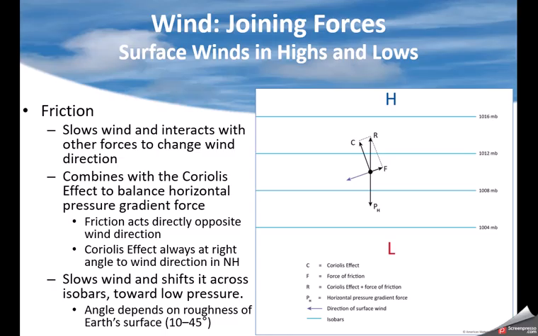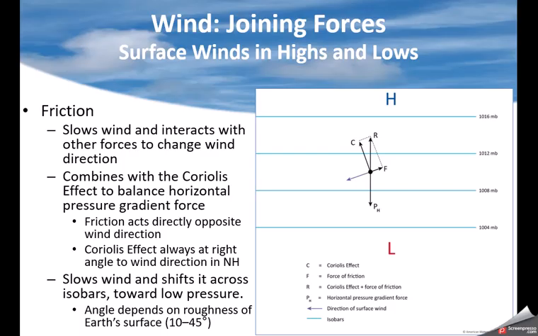So now we're going to go down towards the surface. We add friction. All right. So if you add friction, friction is going to slow the speed of the wind. Well, Coriolis effect is based on how fast the wind's moving. The stronger the wind, the greater the Coriolis effect, if we're staying at the same latitude. So in the upper atmosphere, we're saying pressure gradient force and Coriolis effect are balanced.